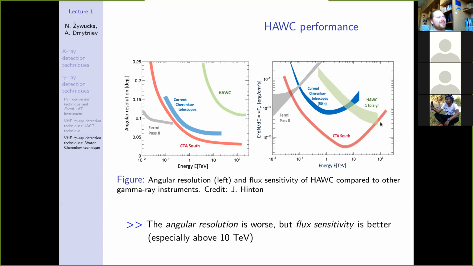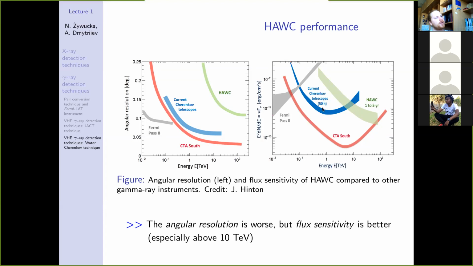Then for flux sensitivity, you can see, okay, current Cherenkov telescopes, at 1 TeV, the lowest flux that they're sensitive to is around 10 to minus 12 erg per centimeter squared per second. So it's a spectral flux, E squared dN over dE. If your source is fainter than this flux, then the Cherenkov telescopes will not be able to see it.